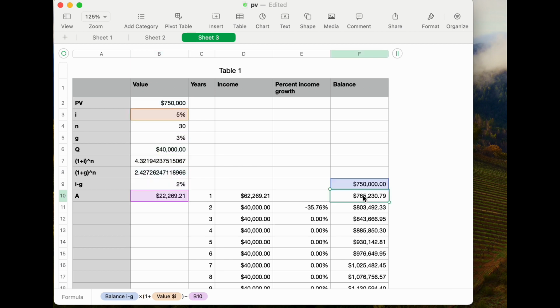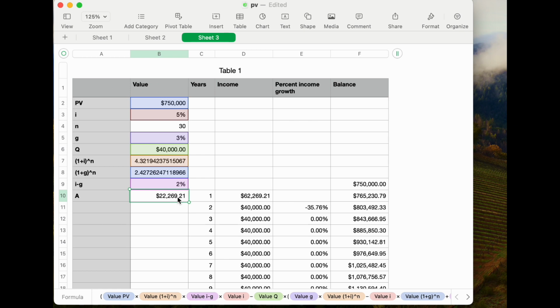And of course it'll have the growth rate in there, so it grows by the I, and then subtracts the payment.